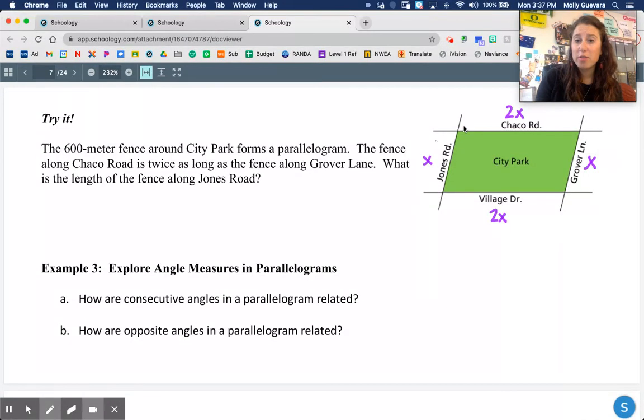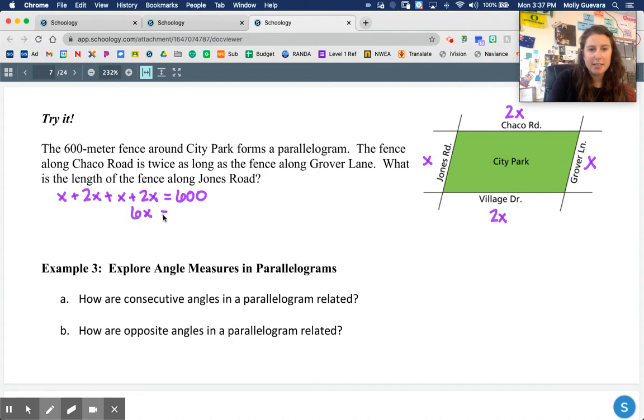Okay, and so I know if I add up all 4 of these sides, it's going to equal 600. So that gives me X plus 2X plus X plus 2X equals that 600-meter fence. If I add this up, I get 6X equals 600.